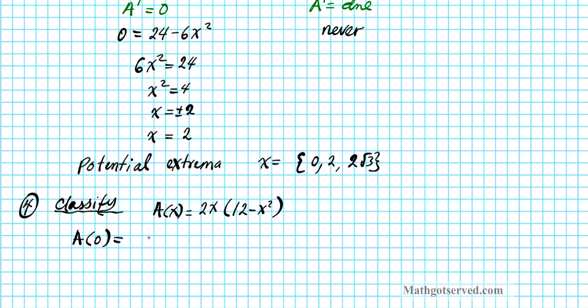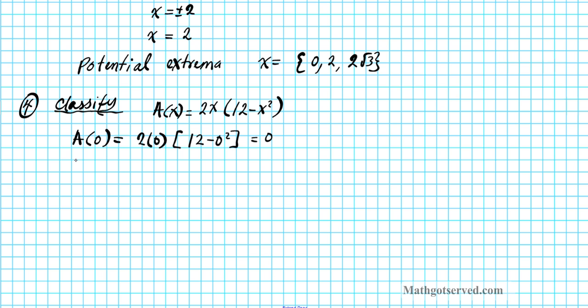So A of 0 is going to be 2 times 0 times 12 minus 0 squared, which is 0. And then A of 2 is 2 times 2 times 12 minus 4. What do we have here? 4 times 8, which is 32.